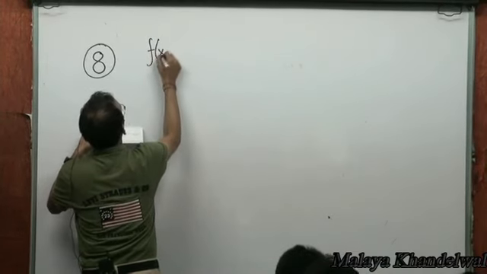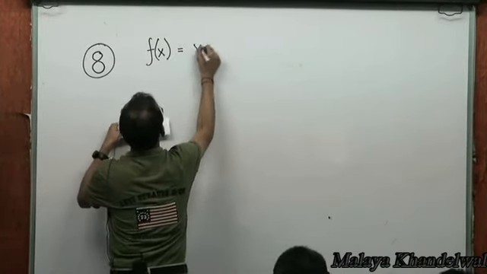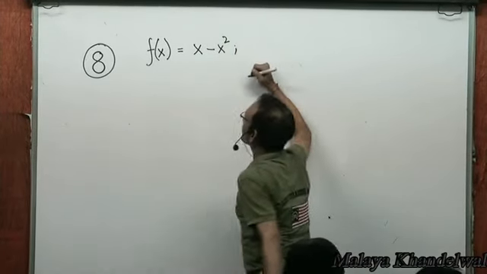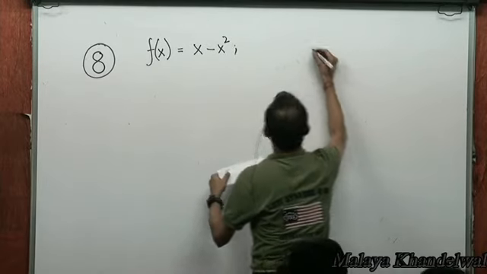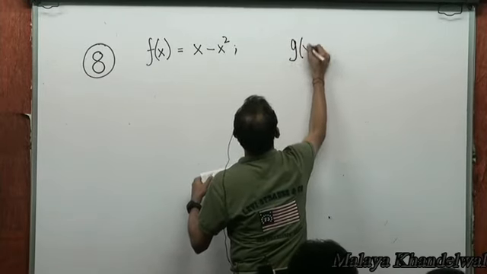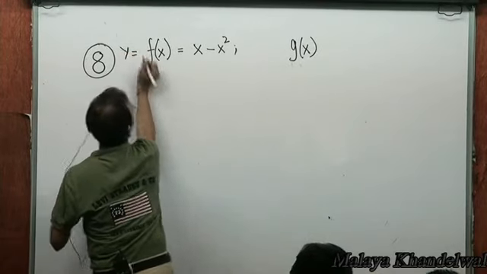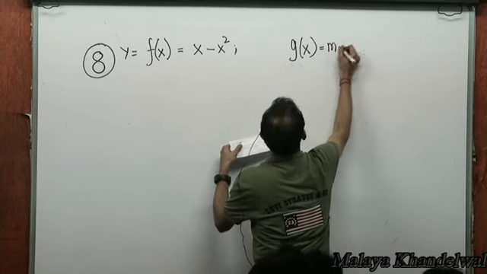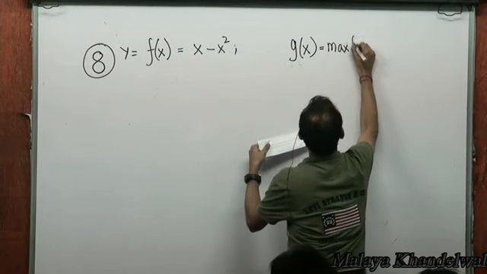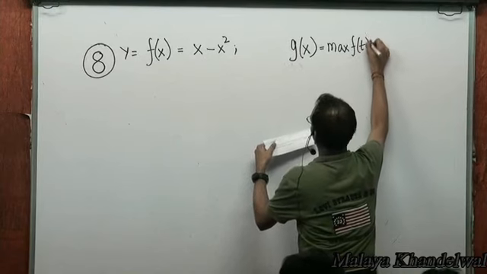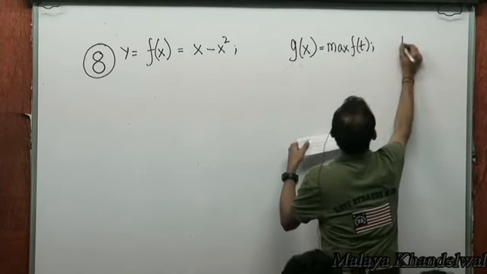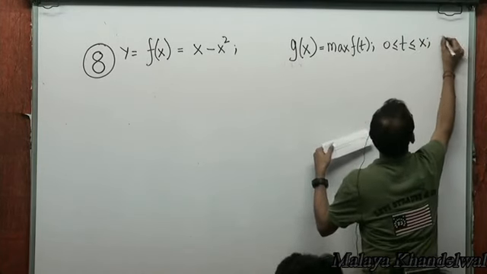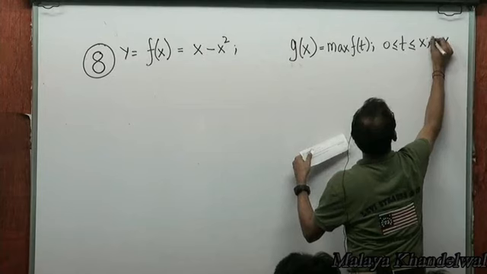fx is given to be x minus x squared and gx is given to be maximum of ft, t lying between 0 and x, and x lying between 0 and 1.